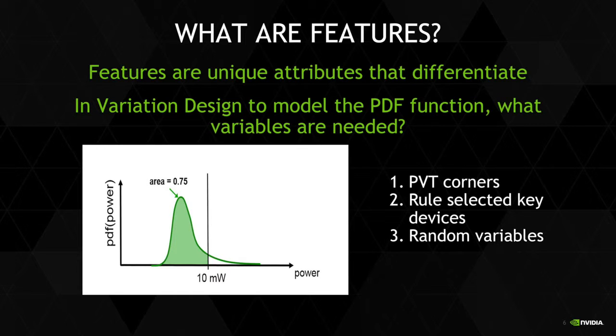So for people, it could be your hair color, how tall you are, your gender. Those are features. So in this case, the feature would be PVT corners, the algorithm necessary to define the device under evaluation, and all the random variables of the devices. So keep that in mind. Features are stuff that's important to a particular problem.